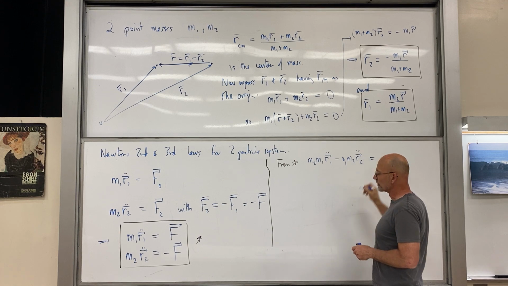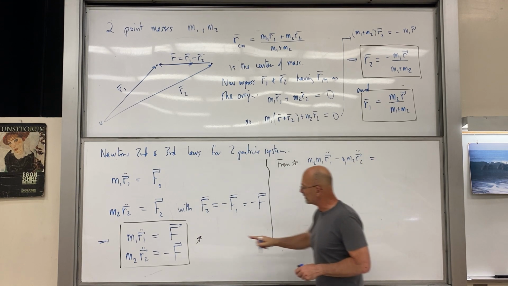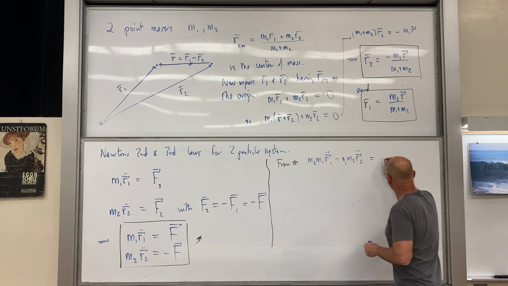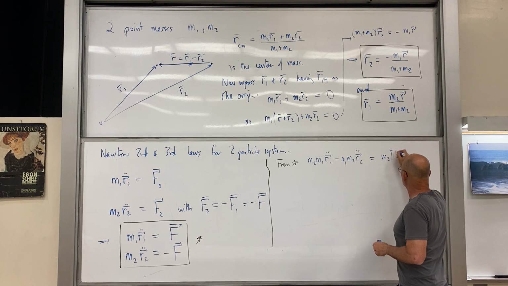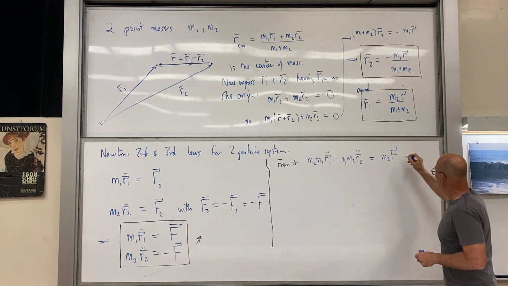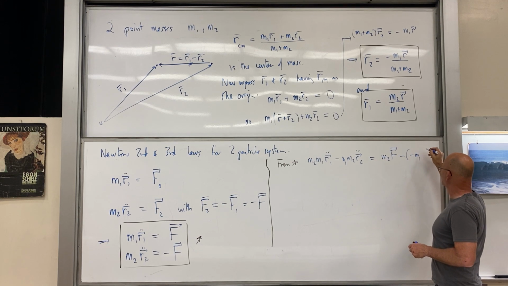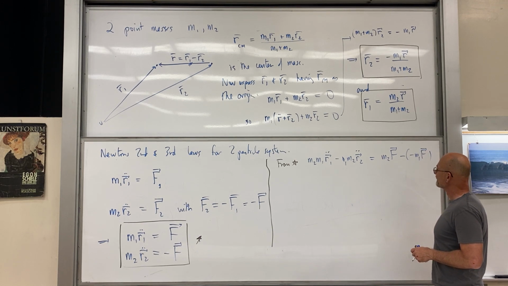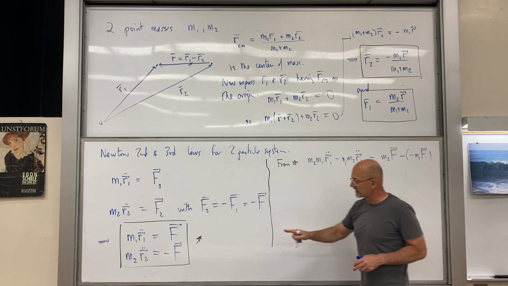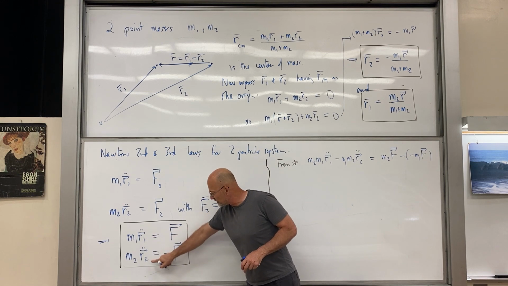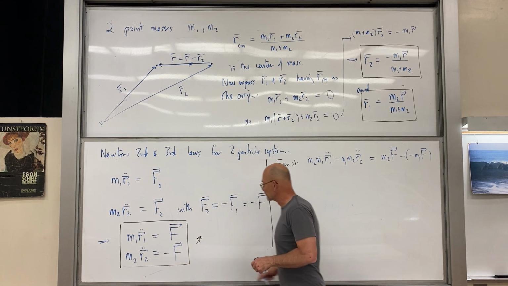I have to go over to what the right side was. That was m2 F minus negative m1 F. So that's just, like I said, multiply this one by m2, this one by m1, and subtract them from each other.